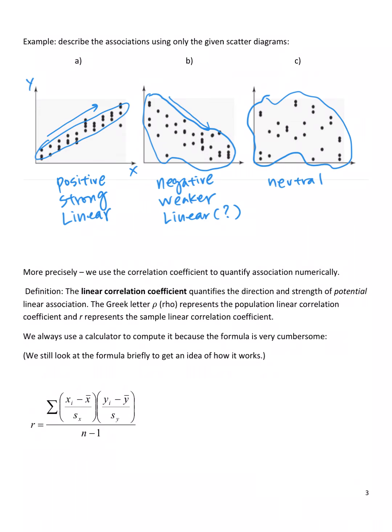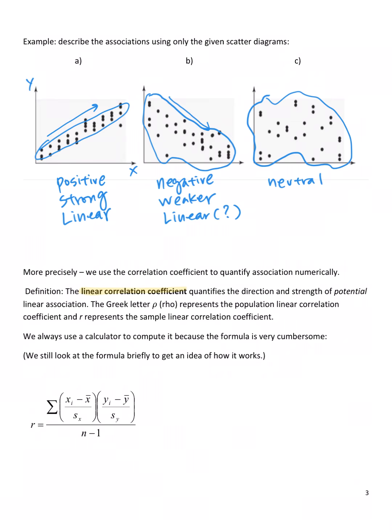Now, just looking at pictures and verbally describing an association is not enough for us to determine if there really is an association, because pictures can be subjective. You can also change the way that your axes are scaled, and you can actually change the way the picture looks. So there's a more mathematical way to do this, and it's called a linear correlation coefficient.